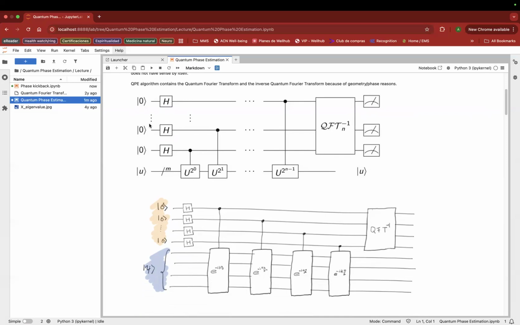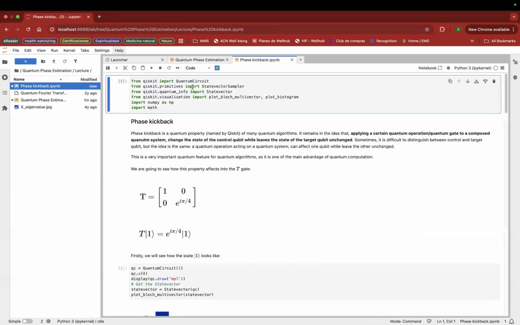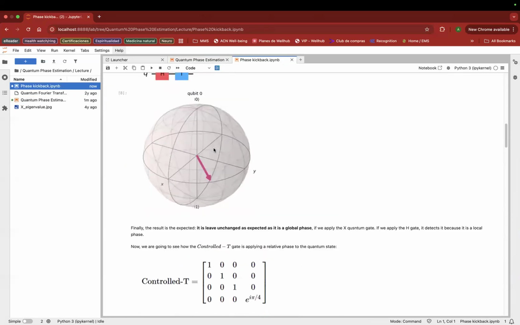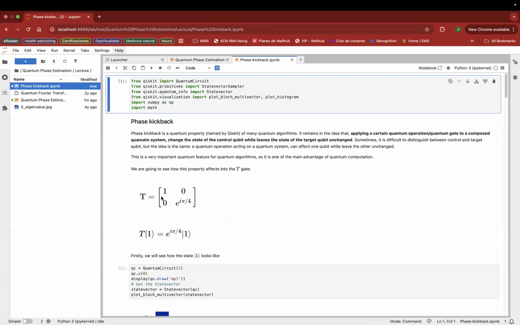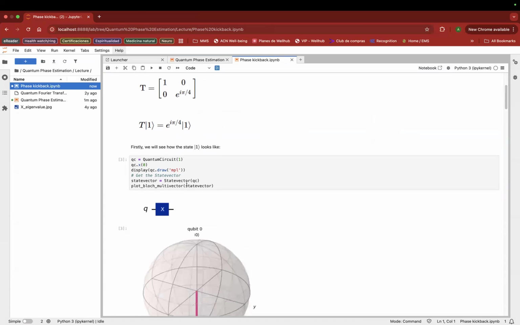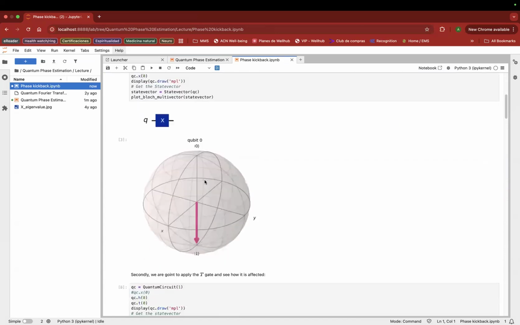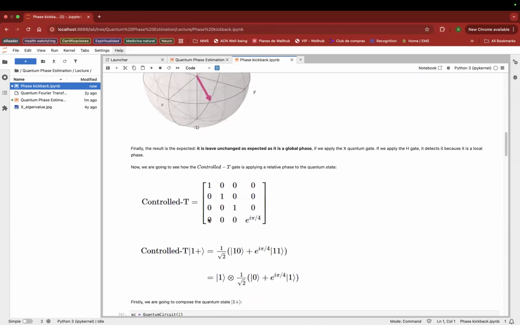It means that we have here all the control qubits, and here the target qubit. If the target qubit is in the state 0, for this operator, we wouldn't get the eigenvalue, it would remain unchanged. But as we want the target qubit in the state 1, we put it in the state 1.